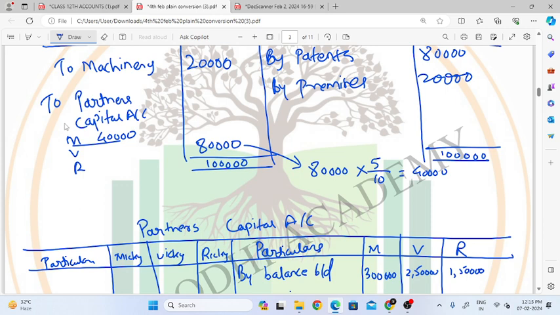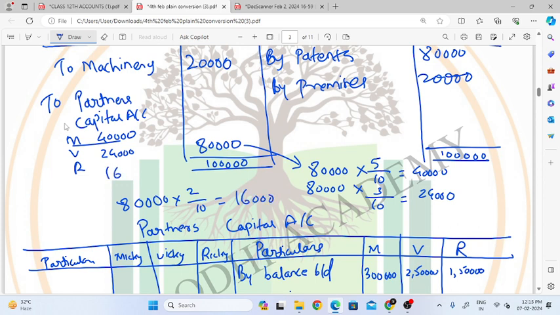So 80,000 multiplied by 3 divided by 10, which will give us 24,000. Then Ricky, 80,000 multiplied by 2 divided by 10, which will give us 16,000. Okay.